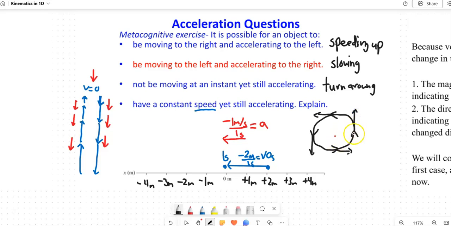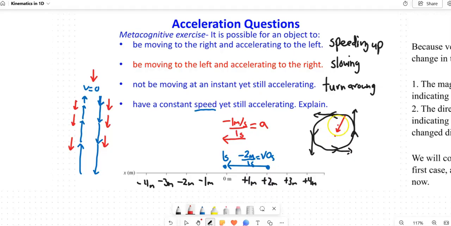So how do you go from moving upwards to moving to the left? Well, somebody had to push you towards the center of that circle. How do you go from turning left to turning down? Somebody had to push you towards the center of the circle.